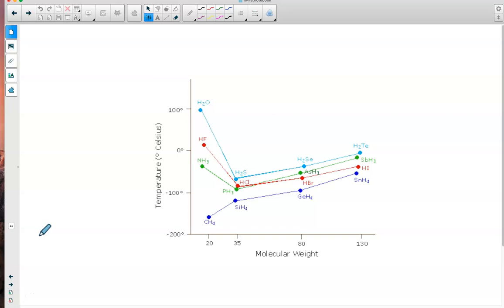This table sums up everything we've talked about with regard to dispersion forces, dipole forces, and hydrogen bonding, or in other words, IMFs. Okay, so this bottom row of data, these are group 4 elements bonded to hydrogen. They're all nonpolar.